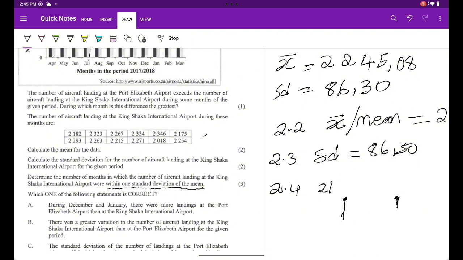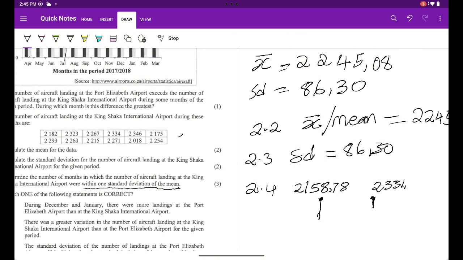If my calculator is doing well, we will get 2158.78, and then for this other boundary where we are adding them together, we actually have 2331.38. Right, so now these are our boundaries.